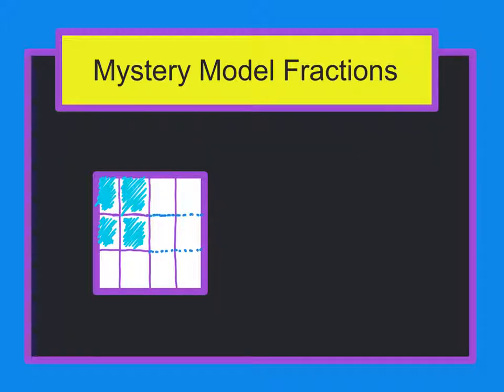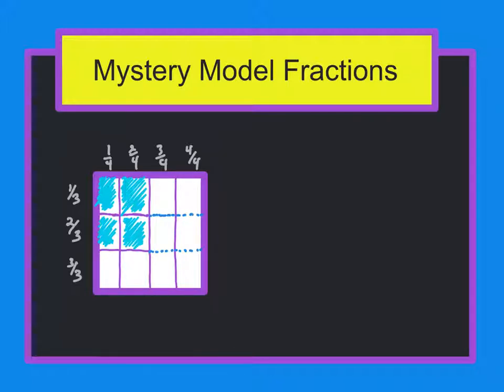Again, you can label the spaces or the lines. I like to label the spaces. It seems to help my kids in my class a little bit better. So you can see the left side represents thirds, and the columns represent fourths.